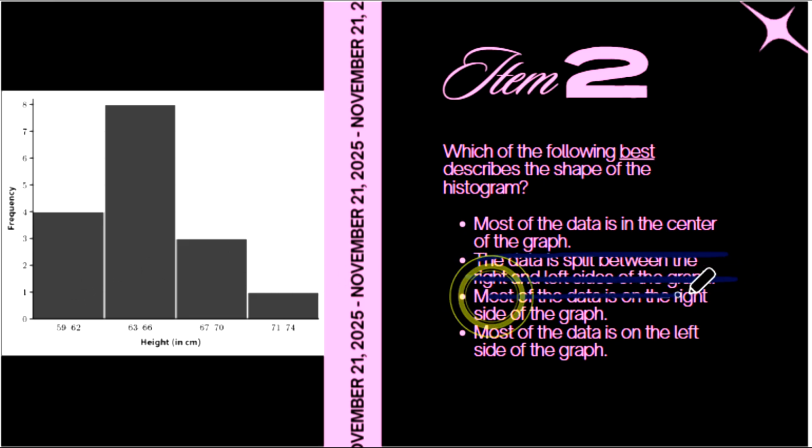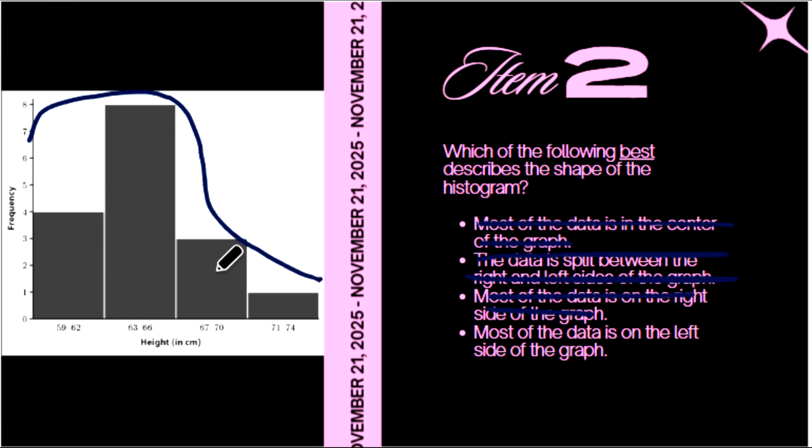No. That would mean that the dinosaur's head was here and the tail was over here. Most of the data is on the left side of the graph. Yes, I would say this is accurate. Really most of the data is over here. Dinosaur's head, dinosaur's tail. There's your answer.